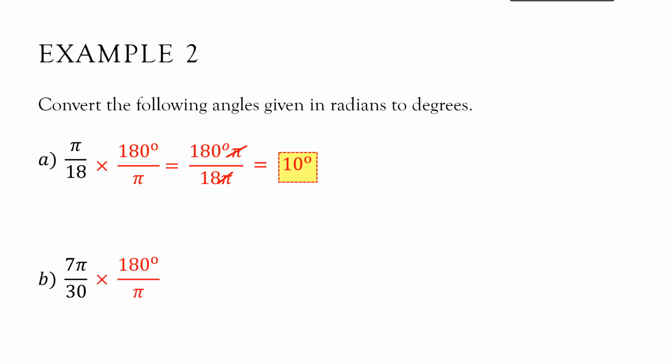If I go ahead and clean this up, I'm actually going to do my reducing from the beginning, because I can see 180 divided by 30 gives me 6. My pi's can cancel each other out, and then I'm left with 7 times 6, giving me 42 degrees. So I have my example 2, part B, complete.